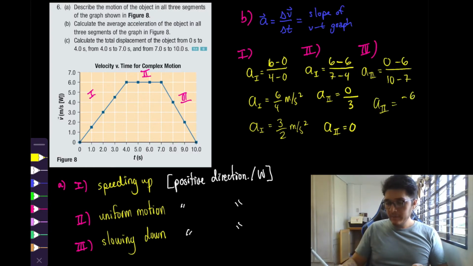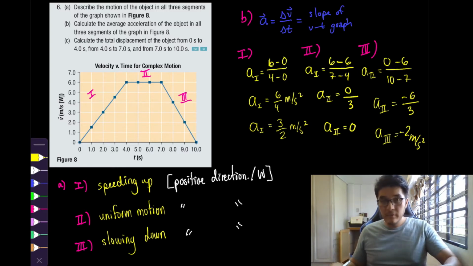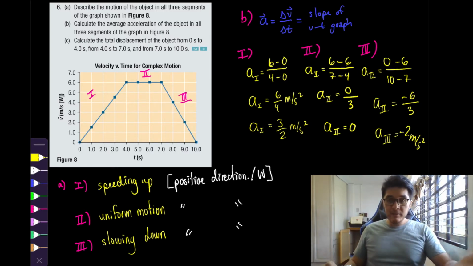So minus 6 over 3, which is negative 2 meters per second squared. Okay, so again, calculating the average acceleration, just calculate the slopes. Now I did skip a few steps, that way you could just read off the points and do it yourself, because I don't want to take up too much of your time.